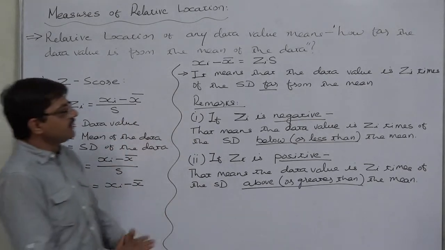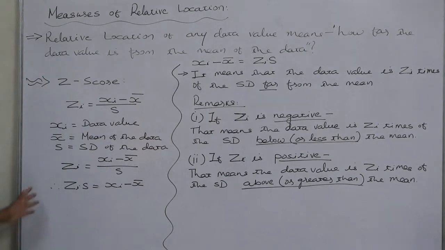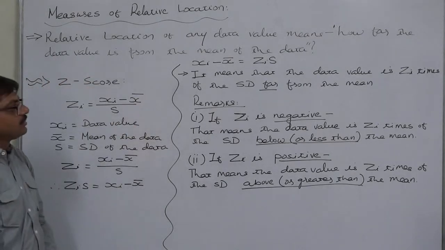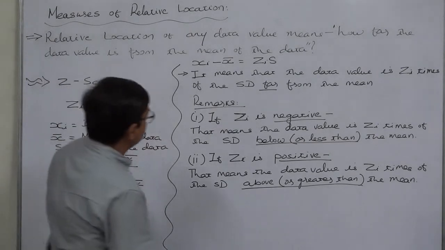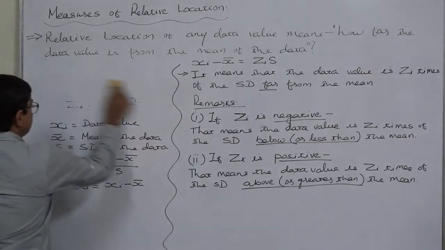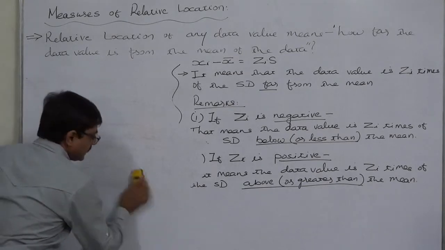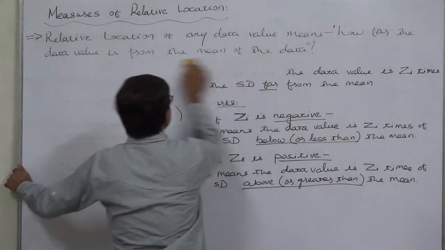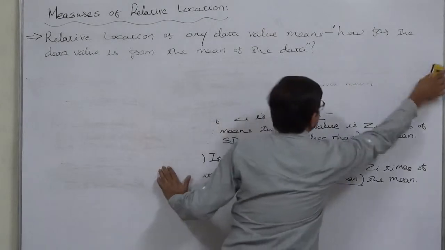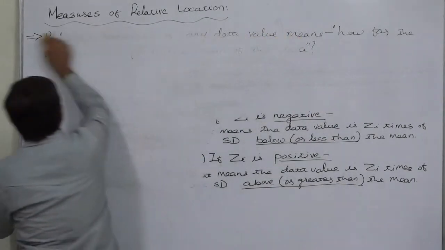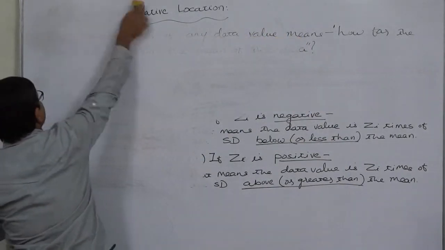This is a very easy method of measuring the relative location of any data value. Let us calculate z scores and note down the comment about the difference between the data value and the mean. For that purpose, let us take a small example.